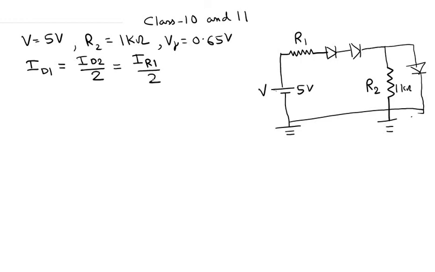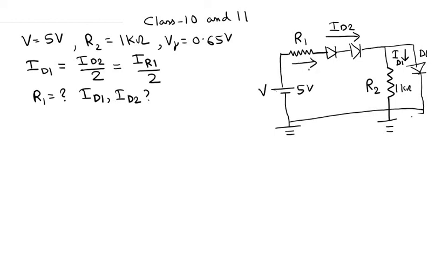You are asked to find out the value of R1, and you are also asked to find out the value of ID1 and ID2. ID1 is the current which is flowing through this diode D1, ID2 is this current over here, and IR1 is this current.